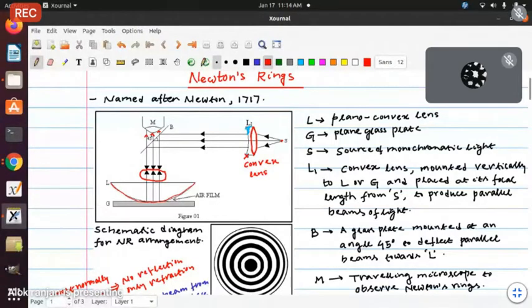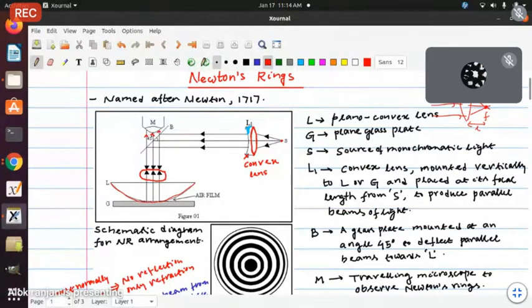If you remember the working principle of a convex lens, if we make a parallel beam of light incident, what do we get? The rays converge at a point, namely the focal point, and this is your focal distance.